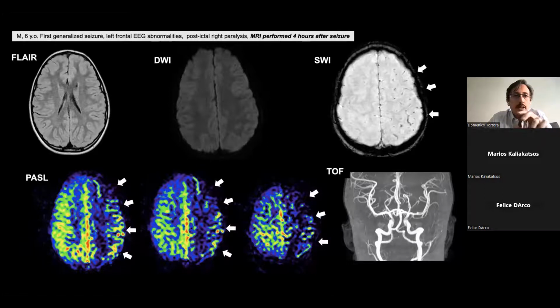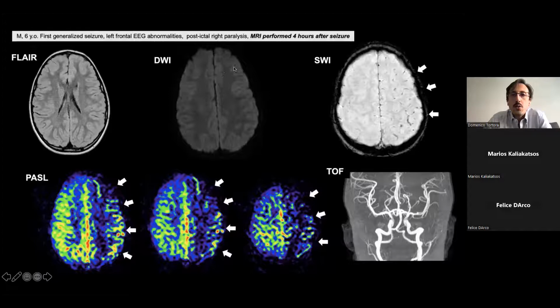For example, this case, a 6-year-old boy, first generalized seizure, presenting with left frontal EEG abnormalities and post-ictal right paralysis. These are images acquired 4 hours after the seizure. You can see no lesion on FLAIR, no restricted diffusion on DWI.